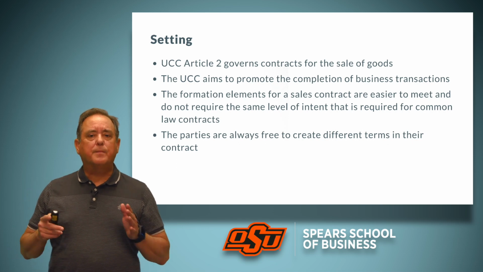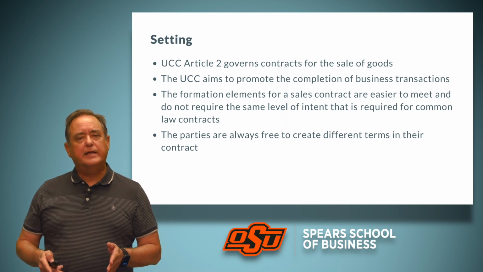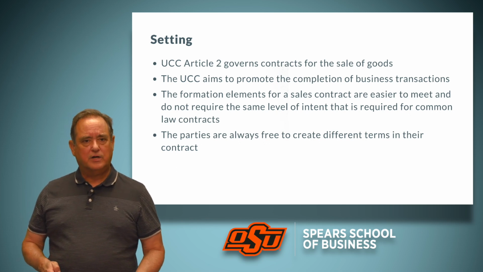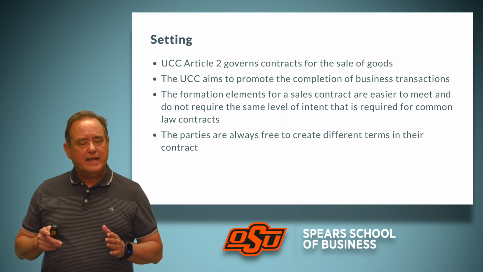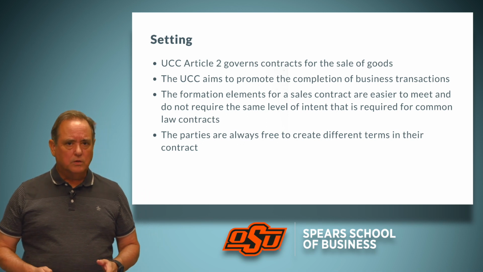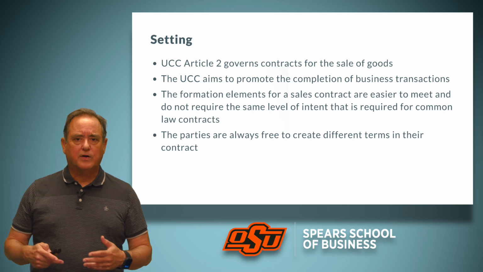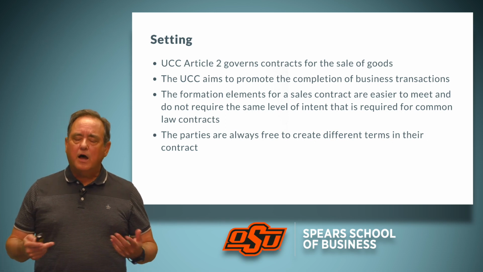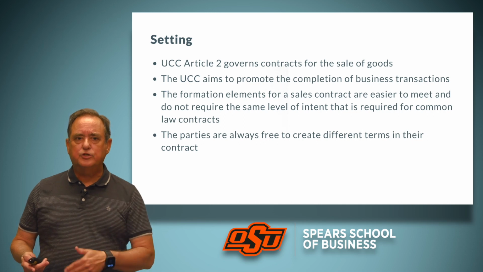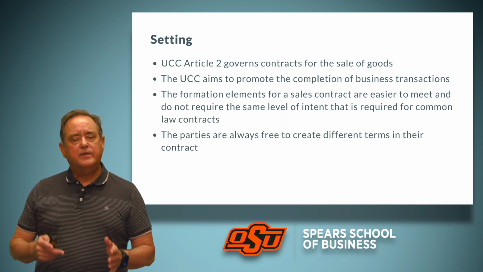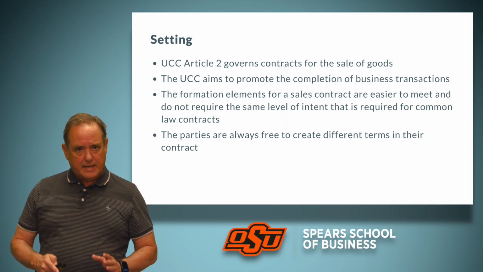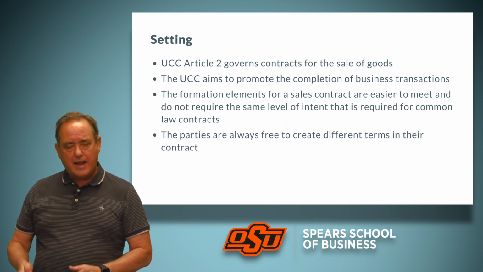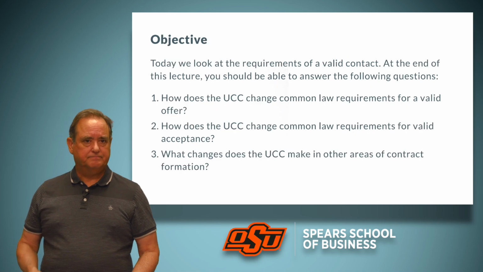But of course, remember, the parties are always free to create their own terms in their contract, meaning you can, in your contract, control things like offer, acceptance, and consideration. But if the contract is silent as to those issues, we turn to the UCC, and the UCC encourages the notion of a contract existing.